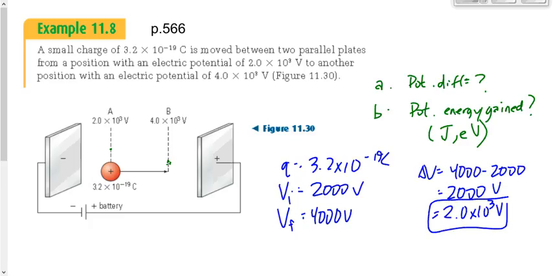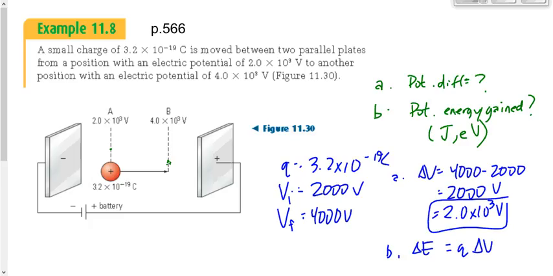Now the potential energy gained, what are we looking for right there? E, delta E, V, delta V. Not going to be delta V, we already found that. Yeah, it's going to be delta E, the potential energy gained here. All I'm going to do is rearrange the equations on my data sheet.